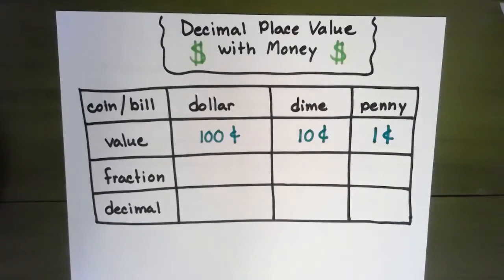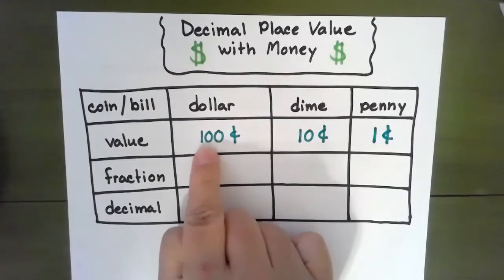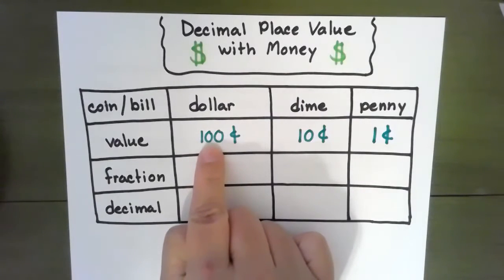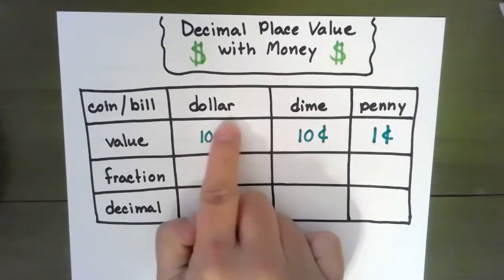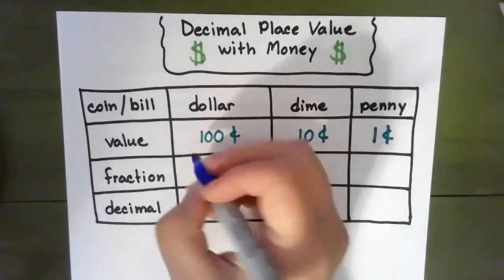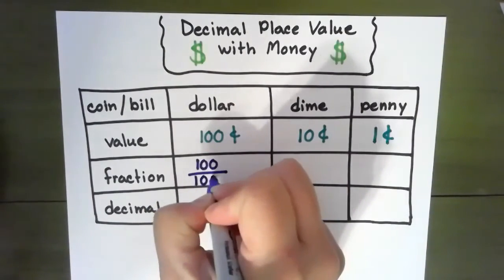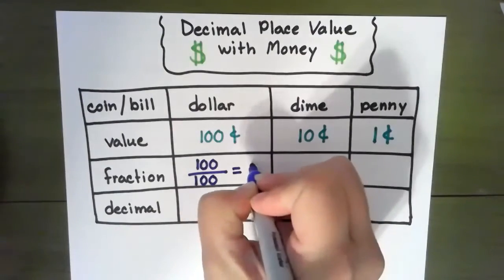If we think about $1 as a whole, how can we represent it as a fraction? What would be the fraction of 1 whole if $1 is worth 100 cents? That's right. It would be 100 hundredths, which is 1 whole.